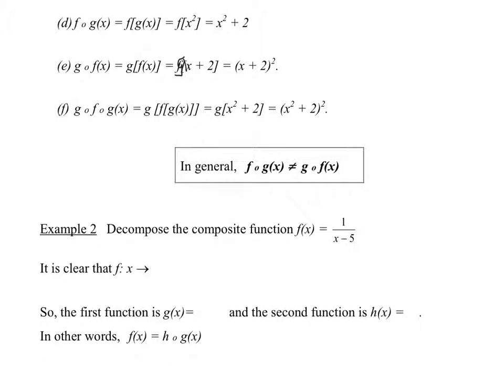So the first function that we had to do was the x minus 5, and then the second function we had to do was the 1 over x. And you could write f of x equals h of g of x.